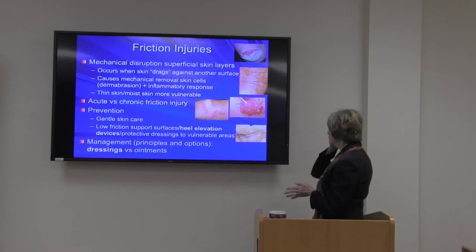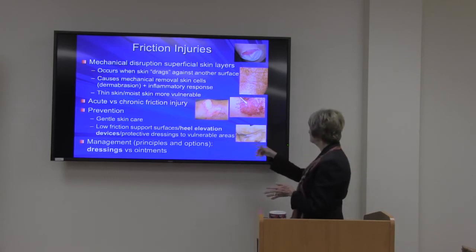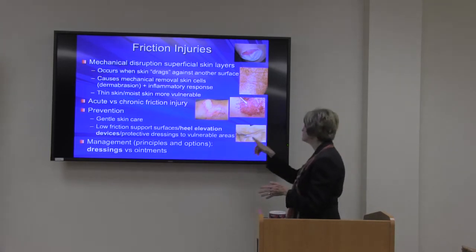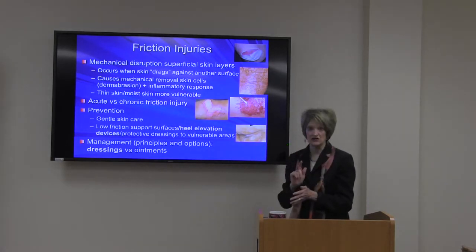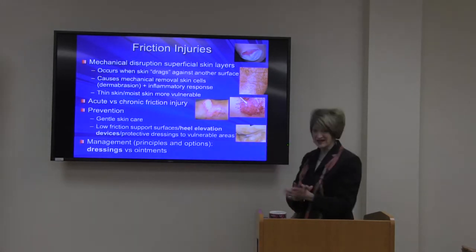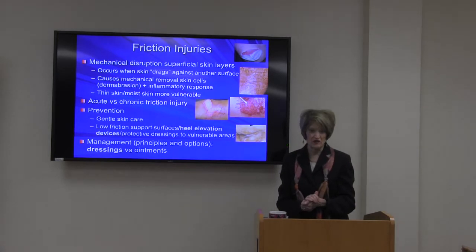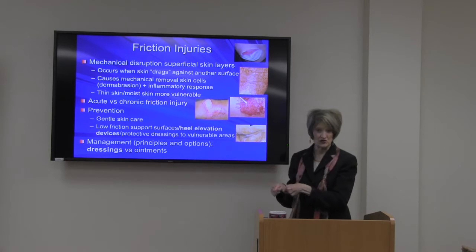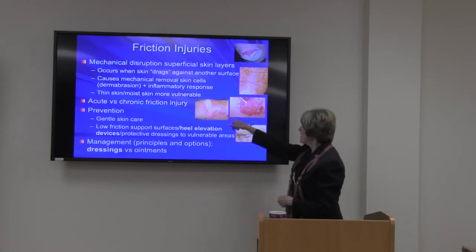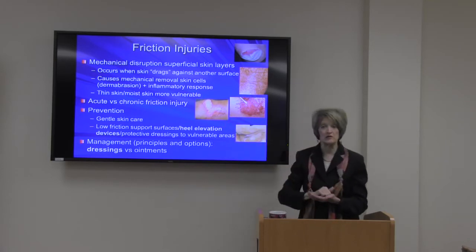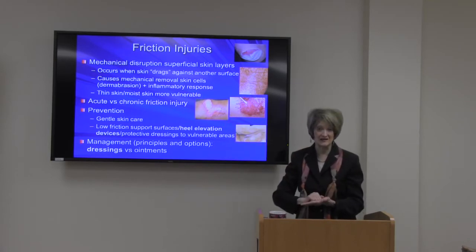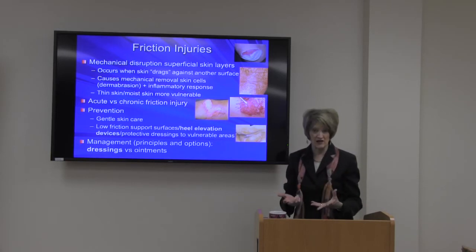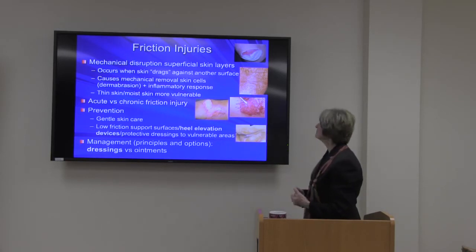So acute friction injuries look very much like this, where you're literally just missing areas of the skin. You can see that this skin is macerated, so this person was very vulnerable, and in cleaning that patient up or in moving the patient around, the skin was removed. Here you've got mechanical disruption from superficial shear. This is your classic road rash, when someone falls or is in a motor vehicle accident and loses skin.